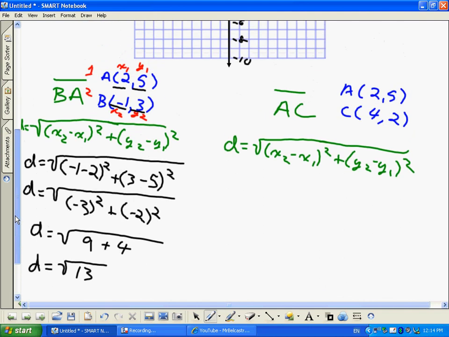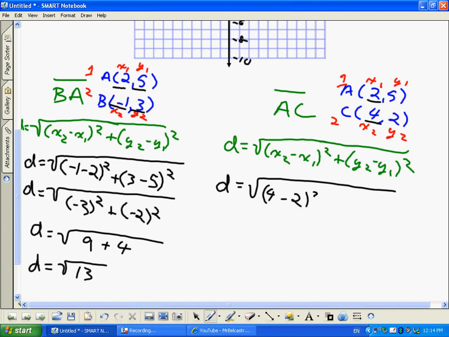So let's go back up. We don't have to go any farther than what we had. A will be our 1 again, and C will be our 2. So x1, y1, x2, y2. D equals the root of x2 is 4, subtract x1 is 2, squared, plus y2 is 2, y1 is 5.